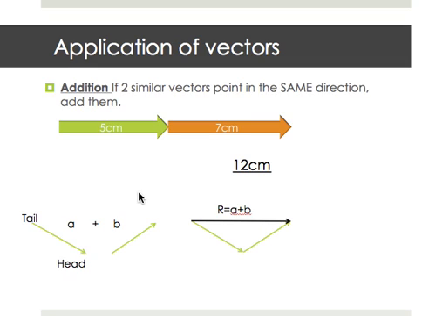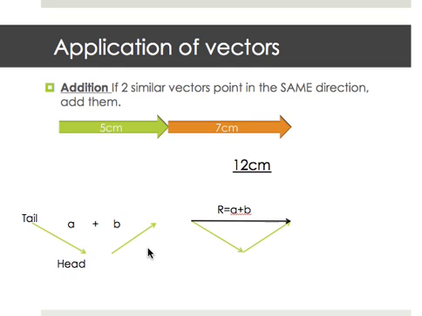So how about vectors that point in different directions? In this type of question, we can add vectors by using the head-to-tail method. There are vector A and vector B that point in different directions.